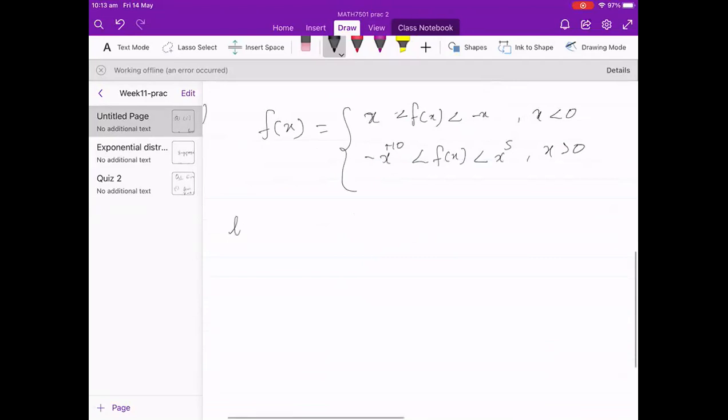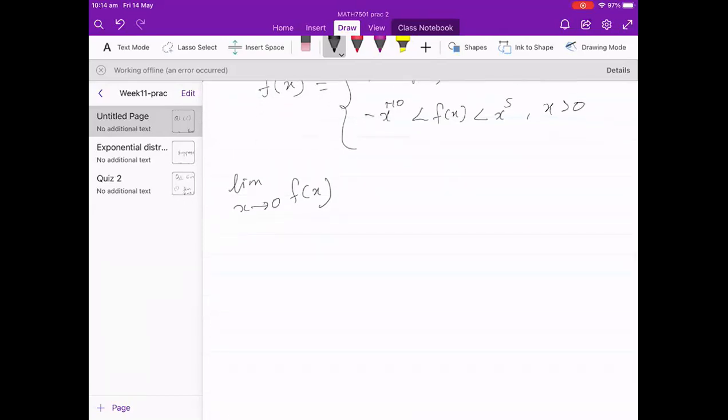How do you find the limit as x tends to 0 of f(x)? You can use the squeeze theorem.